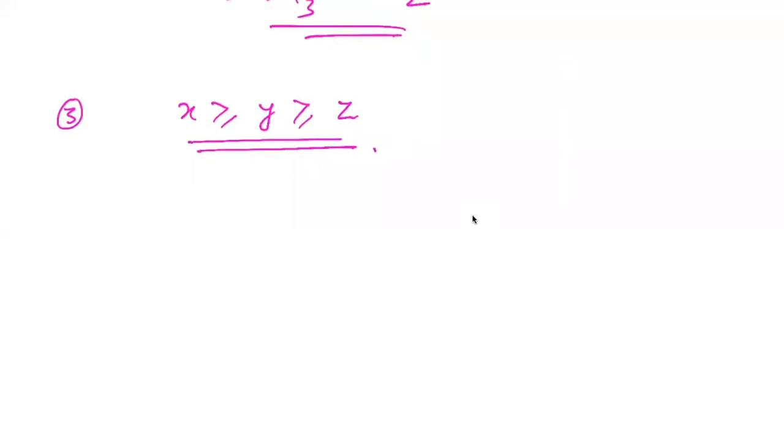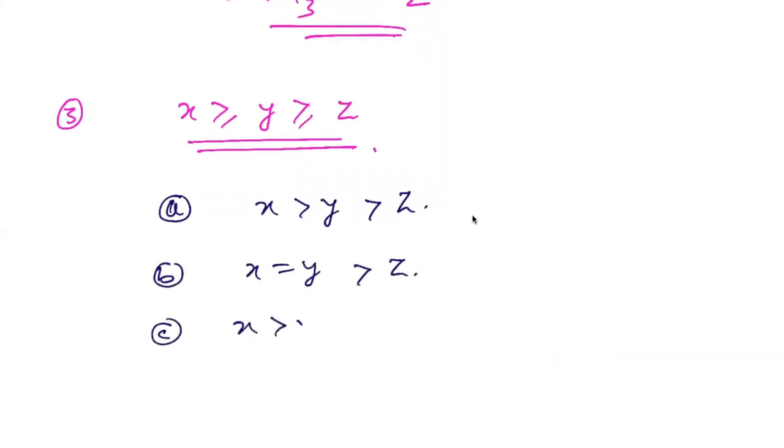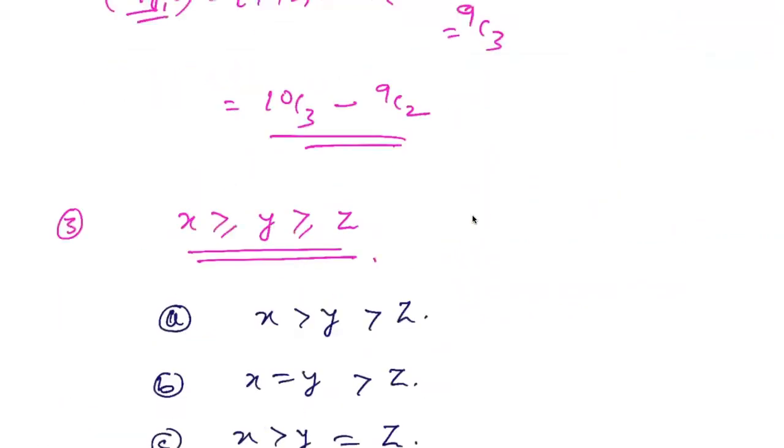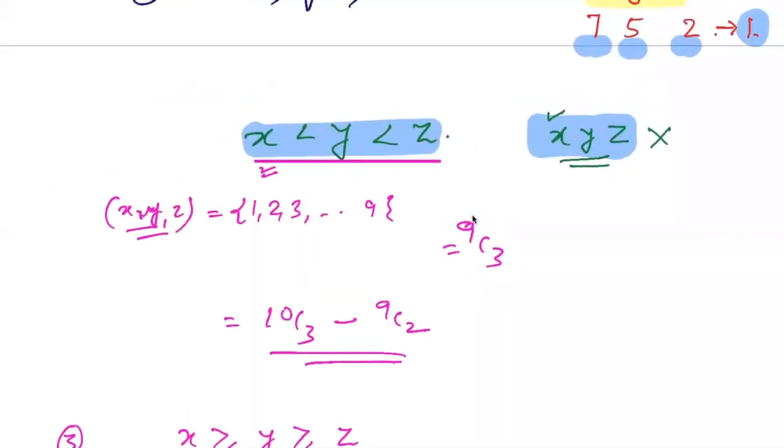See, A: X greater than Y greater than Z, B: X equal to Y greater than Z, C: X greater than Y equal to Z, D: X equal to Y equal to Z. We have to solve these, right? I'm just giving you a brief of this again, so you can understand this easily.